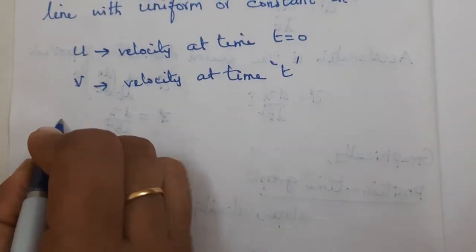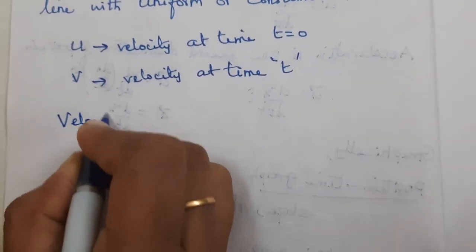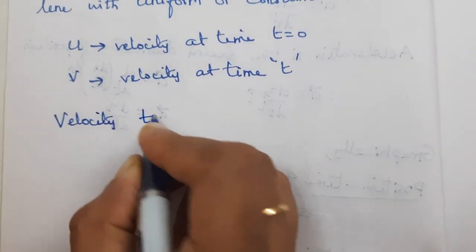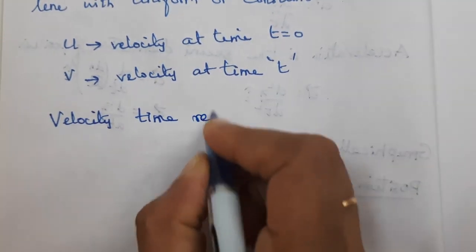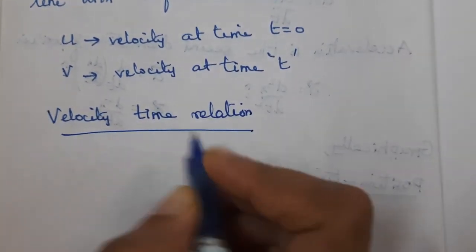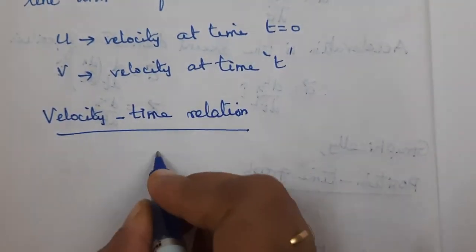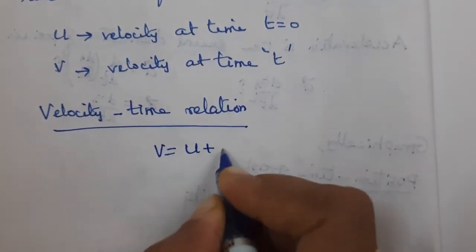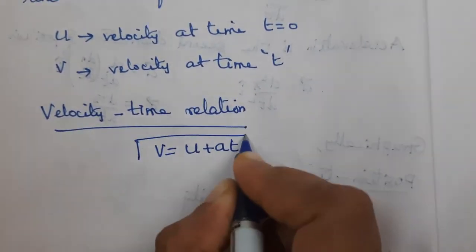First one, velocity time relation. We are going to obtain the expression v equal to u plus at.